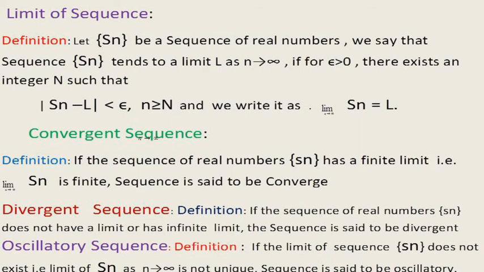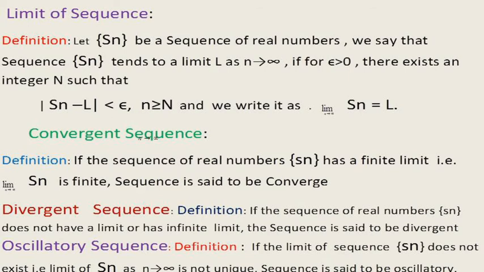Now the next definition is convergent sequence. The definition of a convergent sequence is: if the sequence of real numbers S_n has a finite limit, that is, limit of S_n is finite as n tends to infinity, then this sequence is said to be convergent.